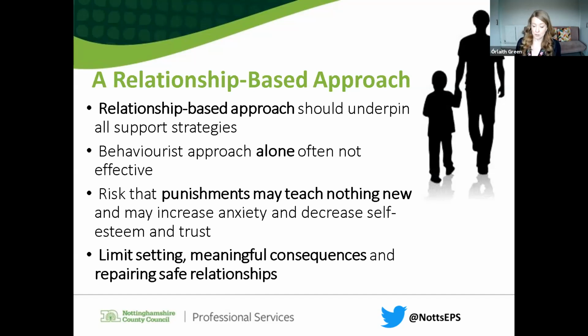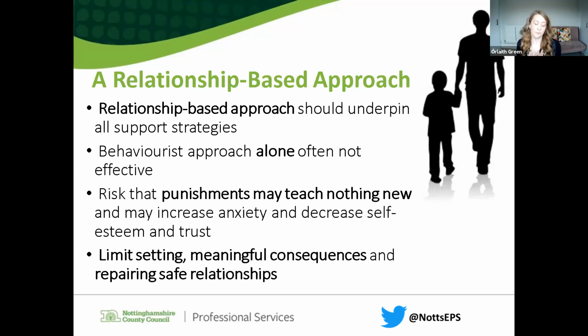There's often a misconception that relationship-based approaches mean there's no consequences, let children do whatever they like. That's not correct. And actually, children need limit setting and meaningful consequences to feel safe, to feel like they can understand the world, and to learn how to navigate into the adult world.